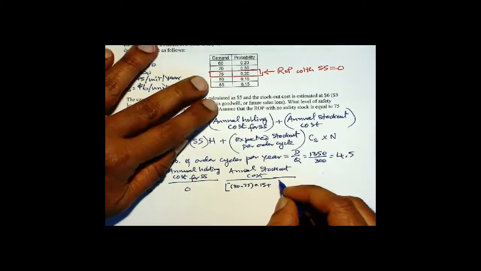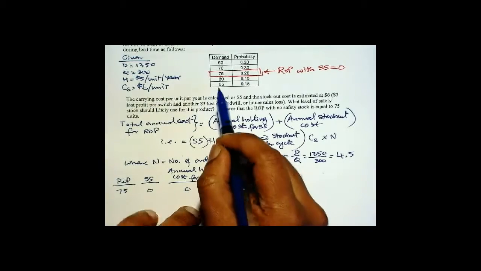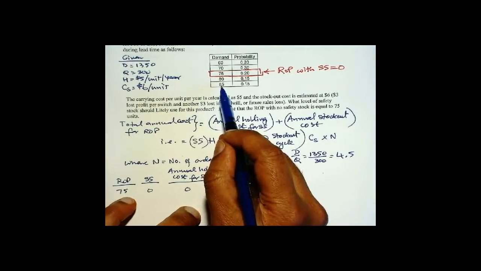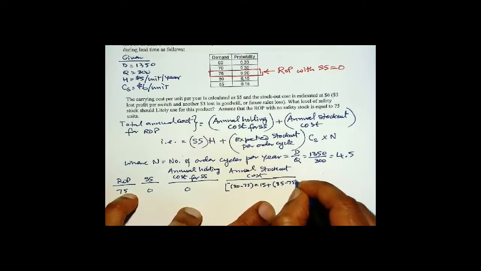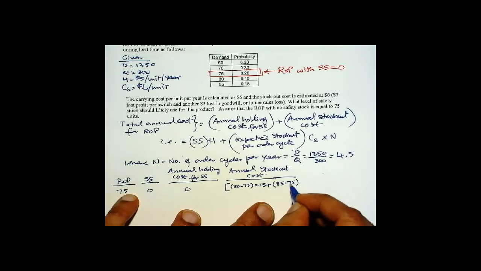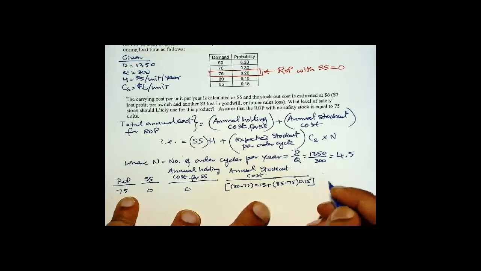Plus, a stock out will occur when the demand happens to be 85, in which case your stock out will be 10 units, times the probability of 0.15.